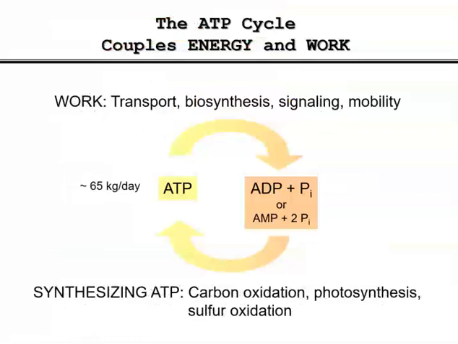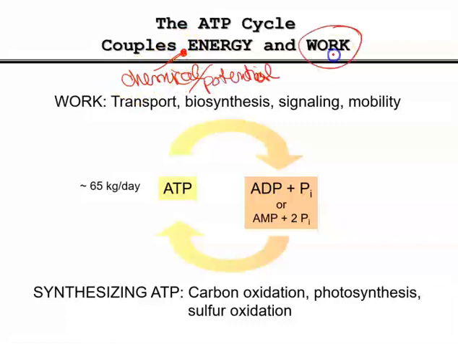So we've got this ATP cycle, and that ATP cycle couples chemical, or potential energy, and we have a release of energy that we can use to do some form of cellular work. You're probably thinking about that definition of work, where the movement of a mass through a distance is work.